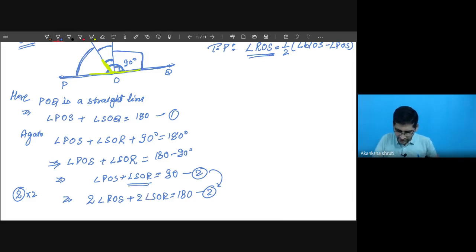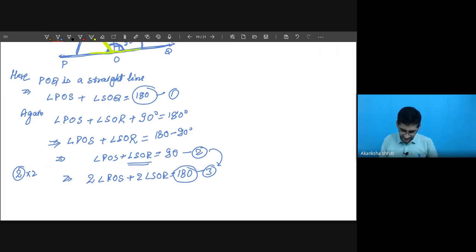Now see, student, you have to observe, this is equation 1, this is equation 2, their right hand sides are equal, or if you wish you may write this as equation 3. So 1 and 3 can be equated. 3 is nothing but 2 times equation 2 only. So from equating 1 and 3, what are we getting?